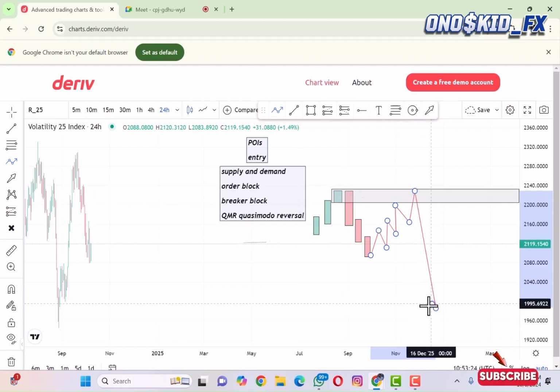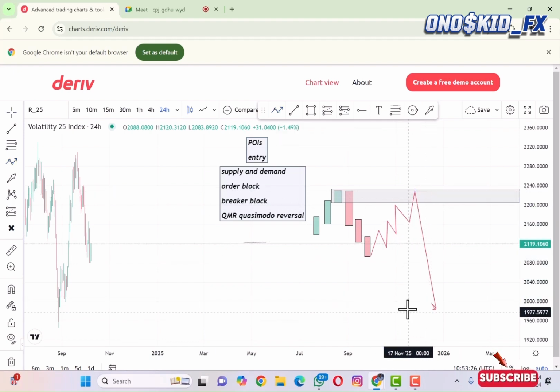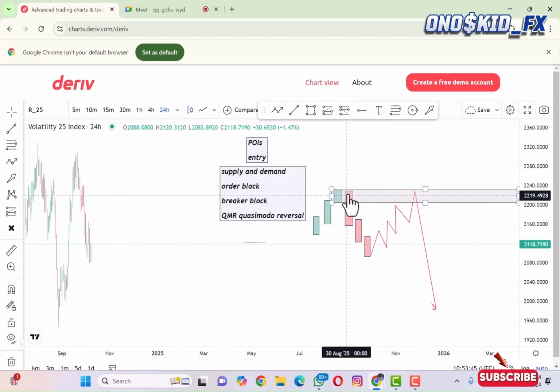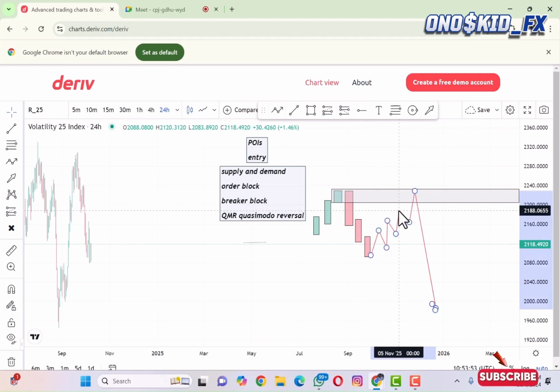So as a trader, when you identify a bearish order block, your expectation is that it becomes your POI. What is your POI? An area where you are interested in making a trading decision. And because you have seen an order block, you are willing to make that trading decision. So this order block here becomes a POI.